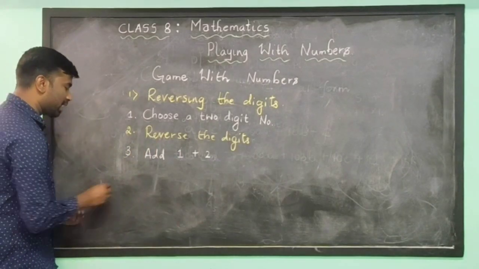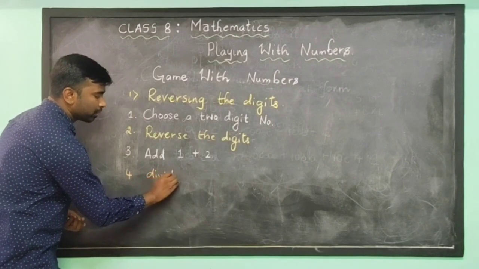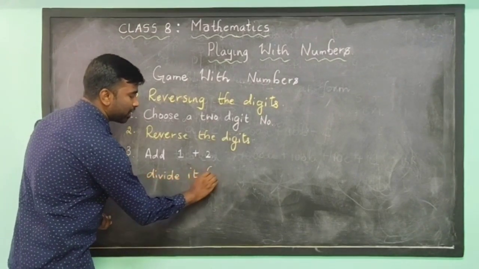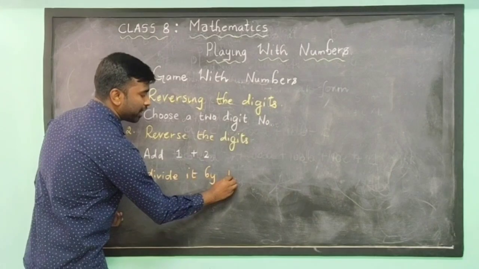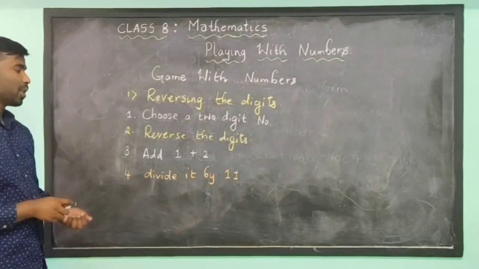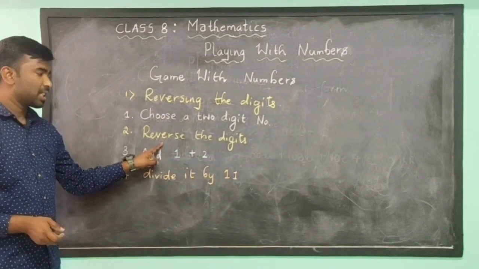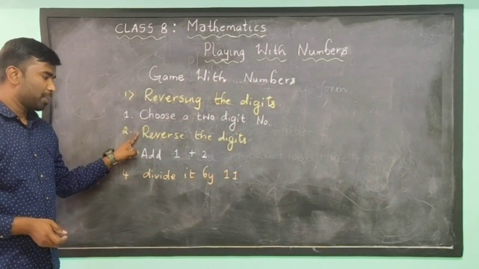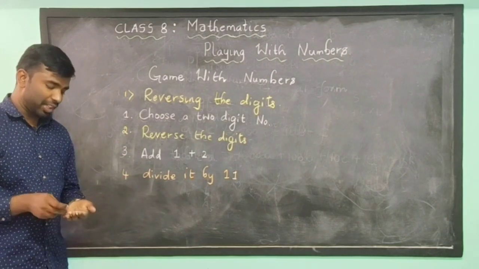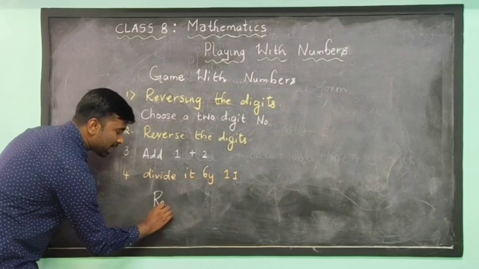Now the trick is, divide it by 11. Choose a two-digit number, reverse the digits, then add these two numbers and divide by 11. The trick is, the remainder is always 0.